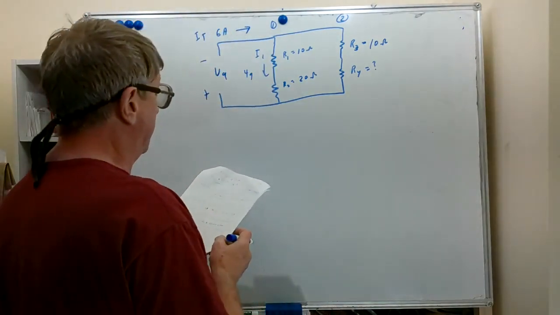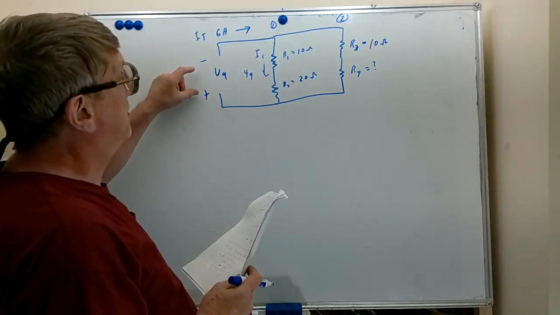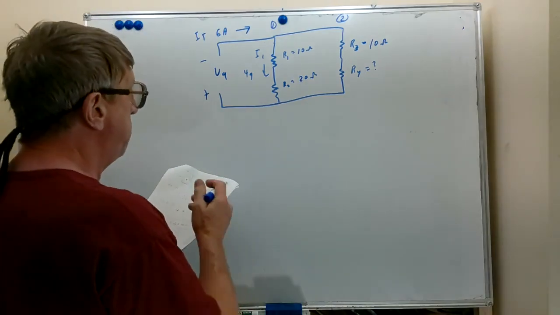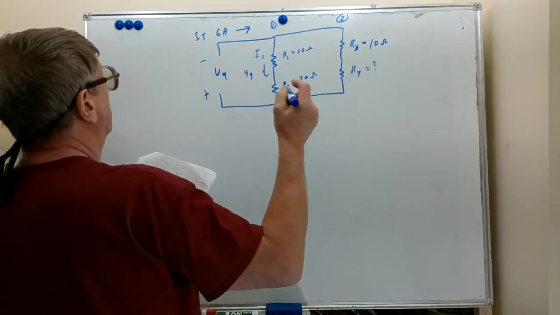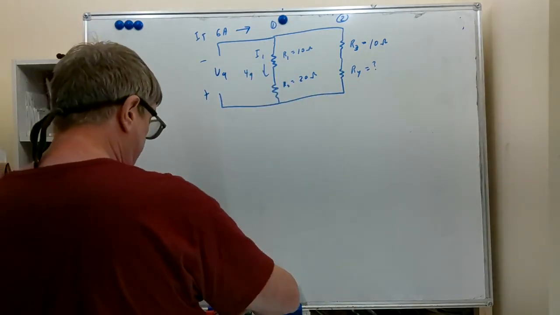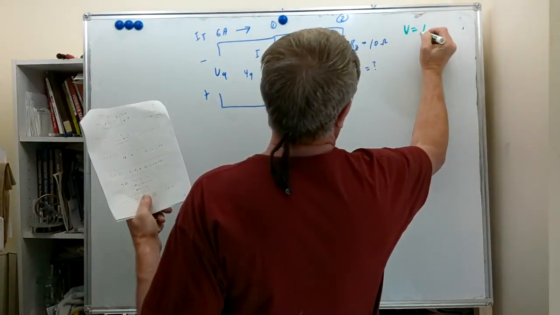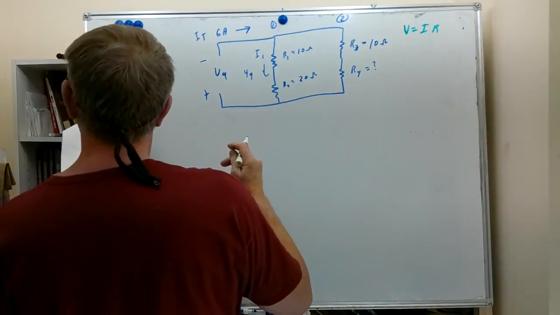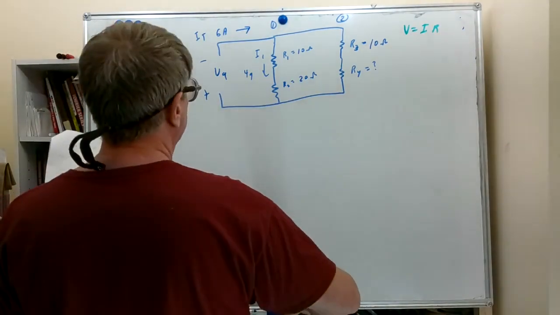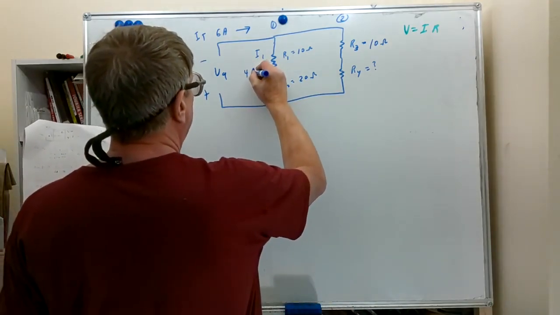So, let's begin by working on figuring out what the voltage applied is. Well, we know we're going to use this formula that we've used many times. Voltage equals I times R. Let's put capital A there for the amps, 4 amps here.